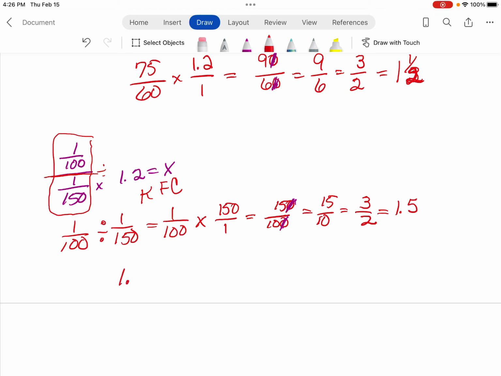So I have 1.5, and then I'm going to go back up to my original problem times the 1.2. So 1.5 times 1.2 is 1.8, and that's what x equals. So that's solving simple equations.